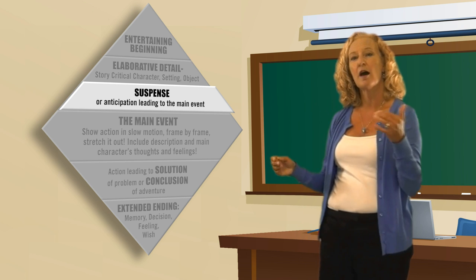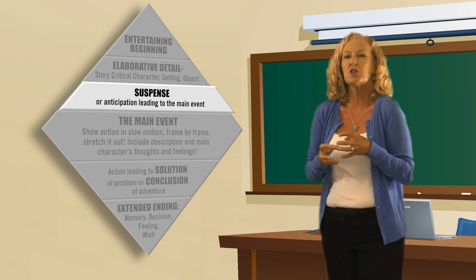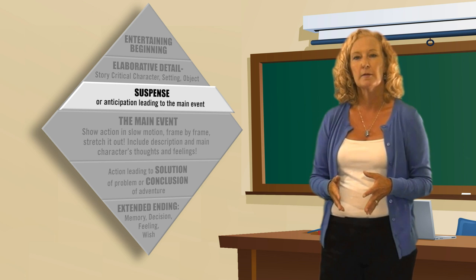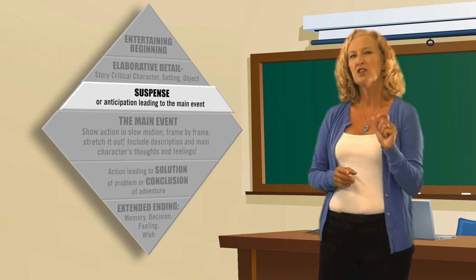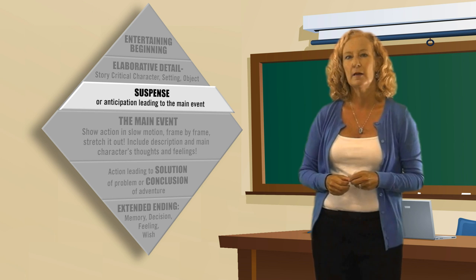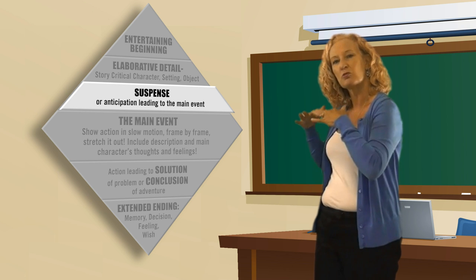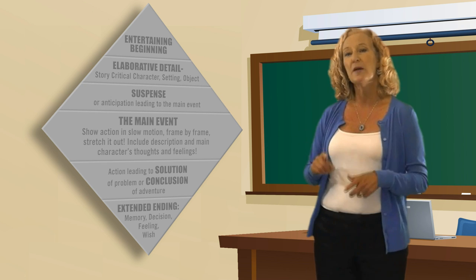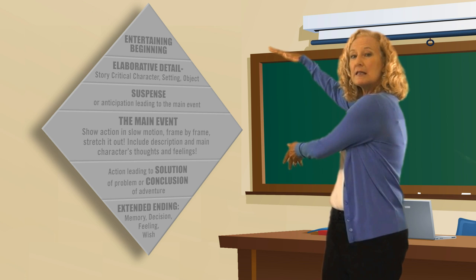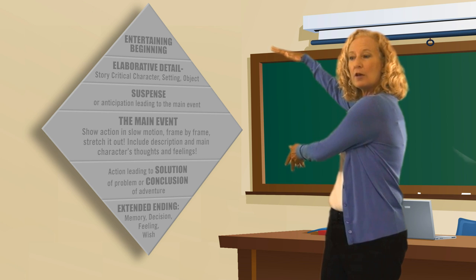Because this is where the author leads you slowly into what's going to be happening in the story. The author gives you just a little hint about what's to come. And suspense leads us right into the biggest part of the diamond. You can see it right here.